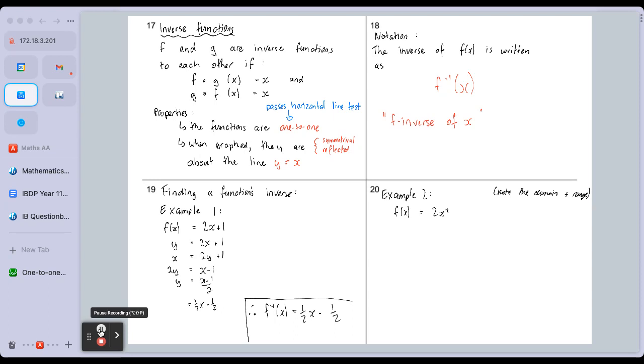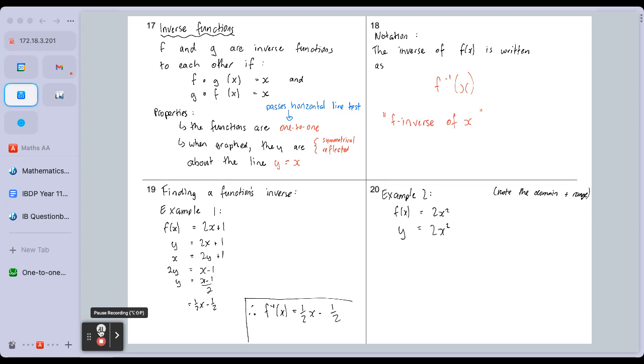Is that pretty straightforward? Okay, see if you can get ahead of me again with example 2. f of x is equal to 2x squared. So you're going to set f of x equal to y, and you are going to solve for x. So, first of all, I'll talk it through. y is equal to 2x squared.